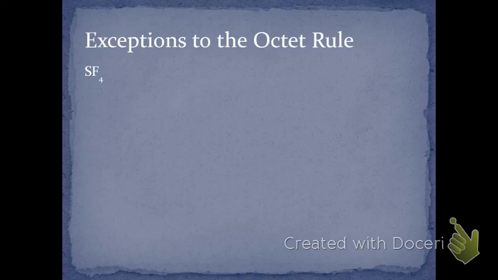Let's look at SF4. S is 6, and F is 4 times 7, so this would be 28 plus 6, which is 34.